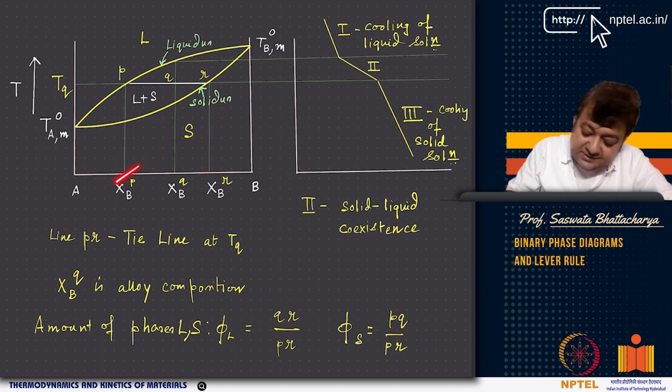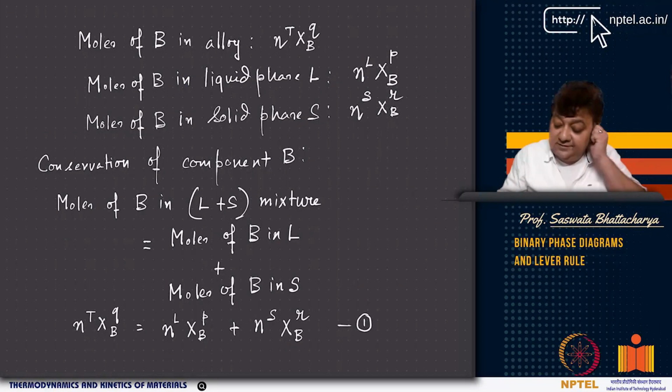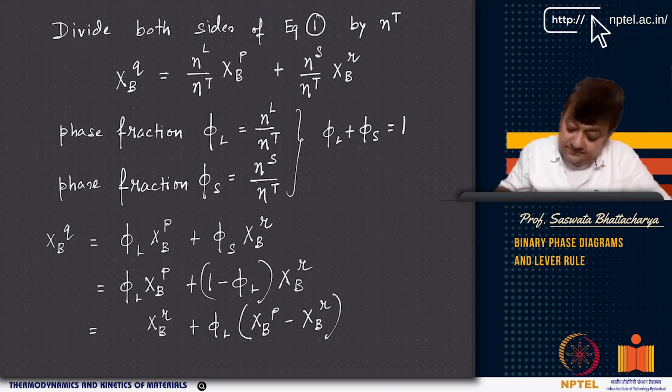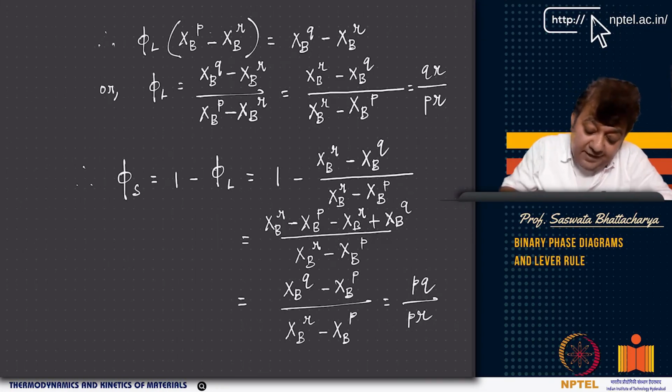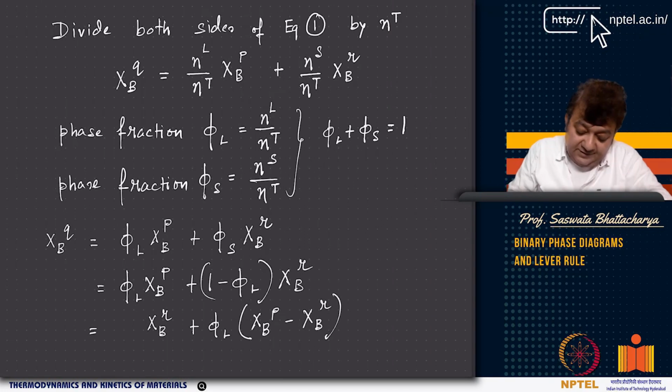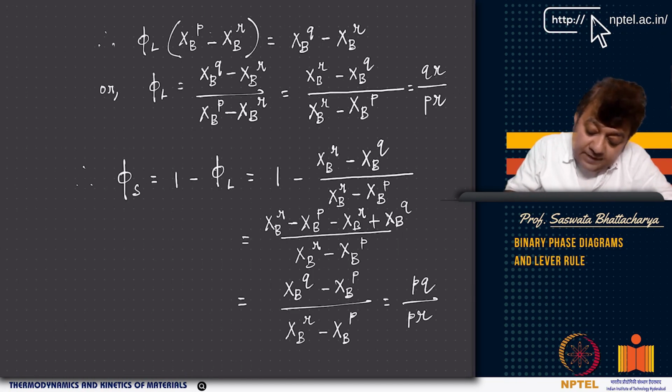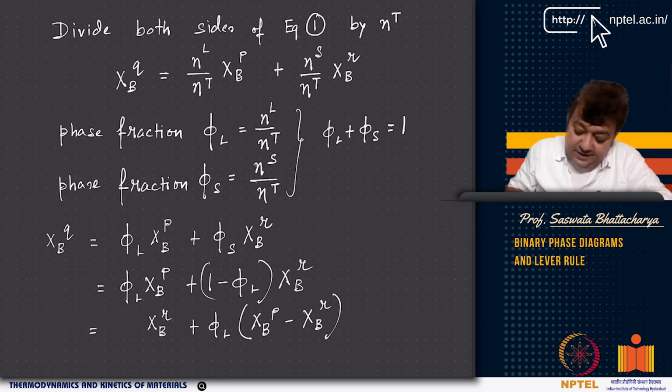Only thing, XBP minus XBR will be negative and XBR minus XBP is positive. So you have this equation, and you get phi L as XBQ, XBP minus, so basically you are doing a rearrangement here.